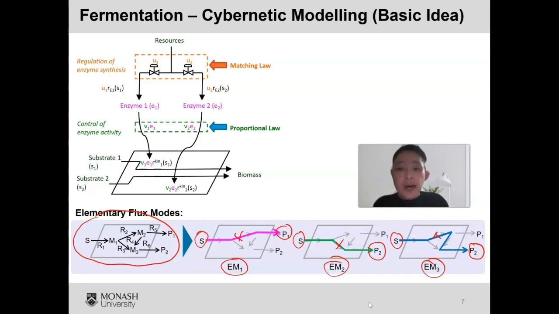So can we use the idea of elementary flux mode and integrate it with the cybernetic modeling approach and use it to model microbial metabolism in a more efficient way and make the model more predictive? And this has been done. This was done by Hyun Seop Song and Ramkrishna in their work on the lumped hybrid cybernetic model.